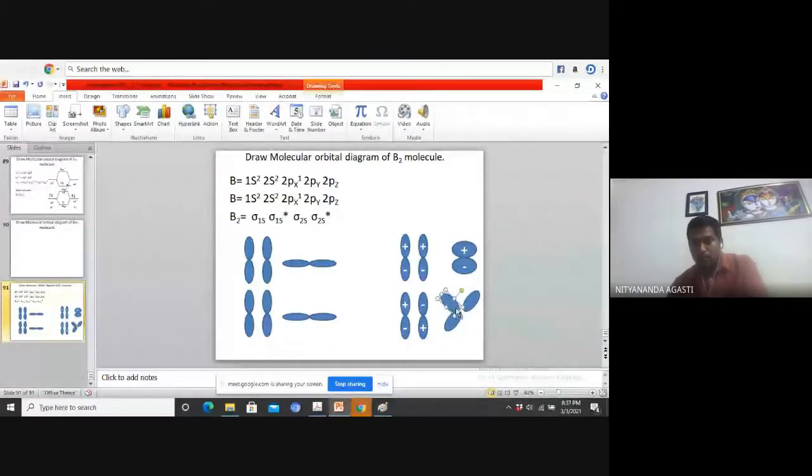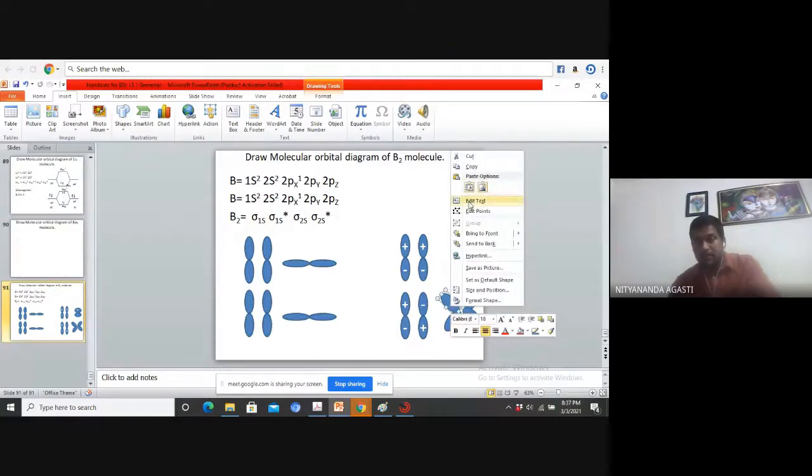Very interesting and very important as well. They are not combining, right? Anti-bonding combination. It will give you a pi orbital, pi star.